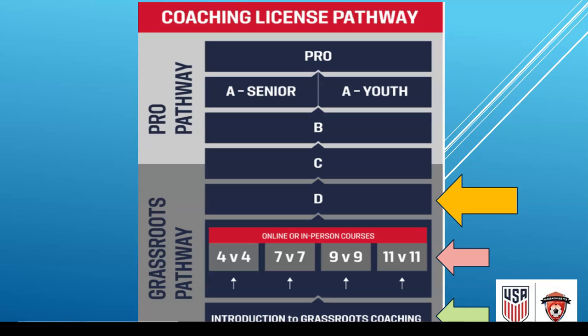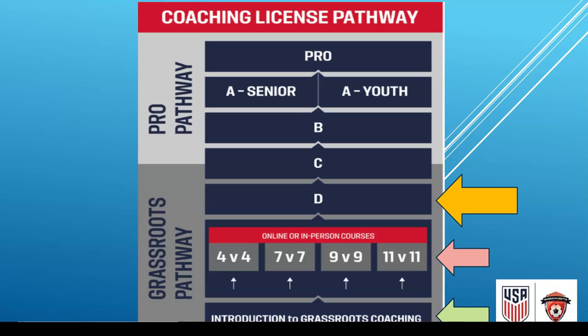Next, you must complete one online course, either the 4 versus 4, 7 versus 7, 9 versus 9, or 11 versus 11. If you have taken the U.S. Soccer Online F license and have proof of completion, this will count towards your online requirements.